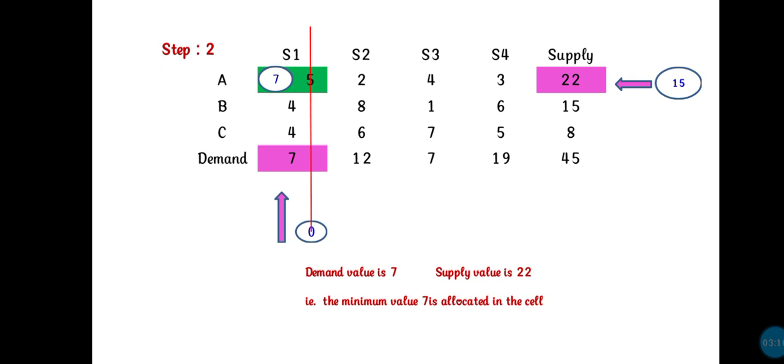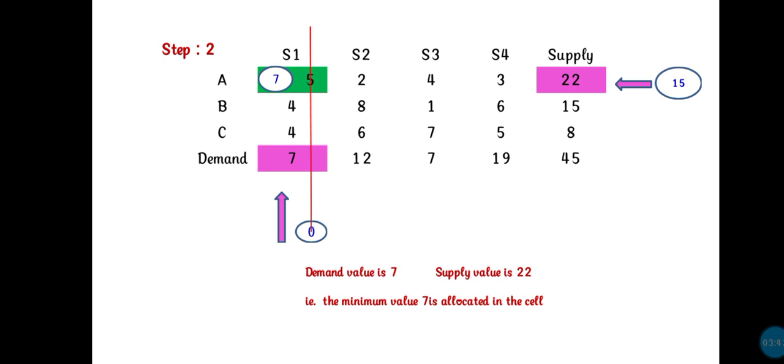Here the first left top corner cell is AS1. So we check the corresponding demand value and supply value. Here the demand value is 7 and its corresponding supply value is 22. Which one is minimum? The 7 is the minimum. So we need to allocate the minimum value in the cell AS1. That is the northwest corner method rule, the first left corner cell.